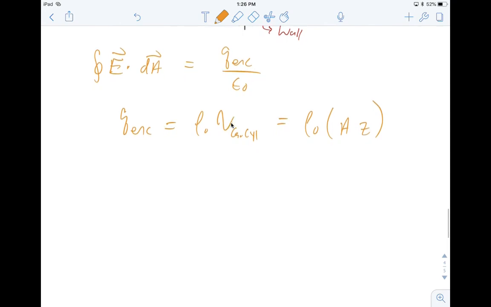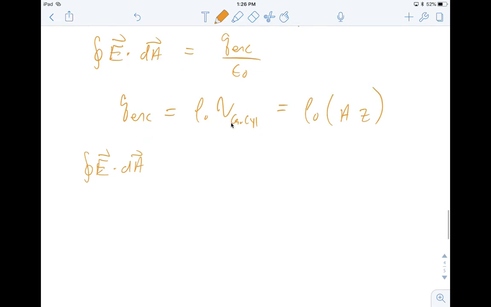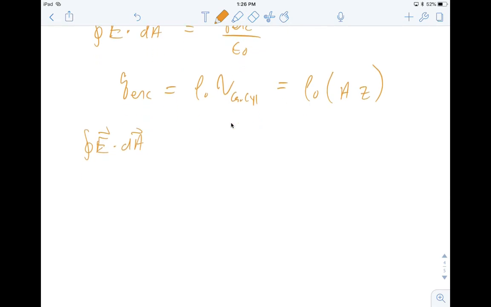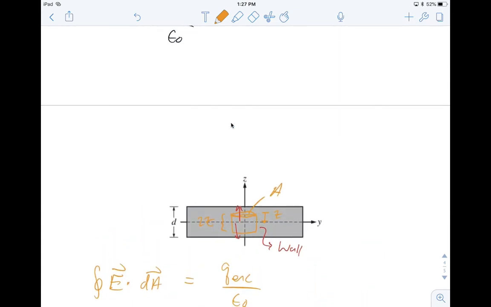So now let's deal with the left side of the equation, closed integral E dot dA. It's a cylinder, which means that it's not a continuous surface, so we have to separate it into three integrals: the top, the bottom, and the wall of the cylinder.